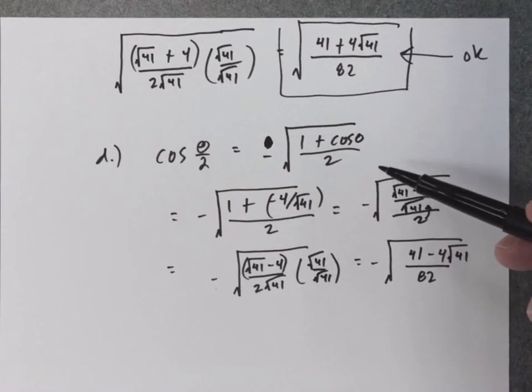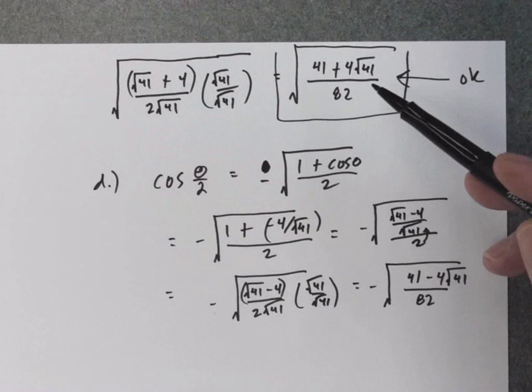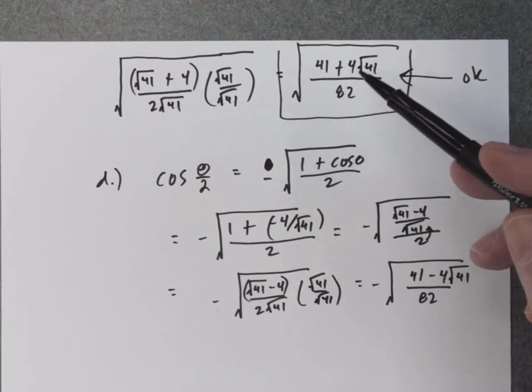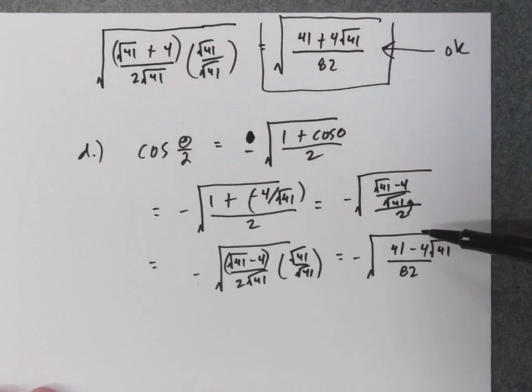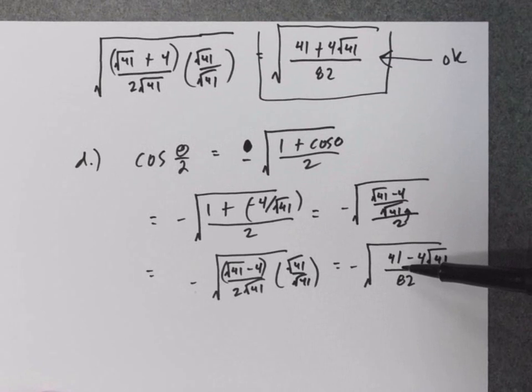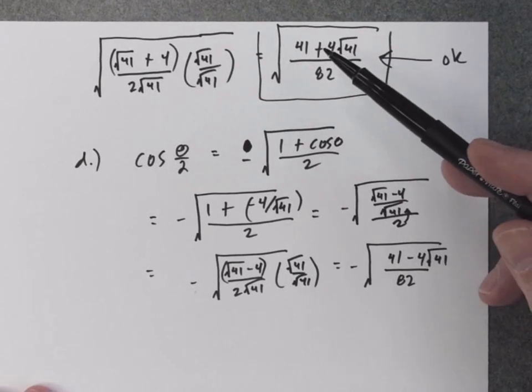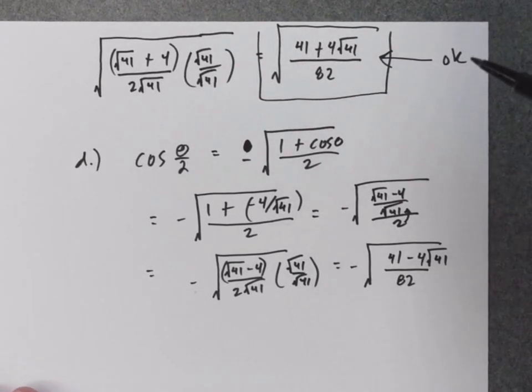Some people think, well, can I just take the answer for the sine and just change it by changing this in here? I would say, well, if you want to be safe, you better just work it out. If you want to take a chance and just change this to a negative, then maybe it'll work, but it may not work every time.